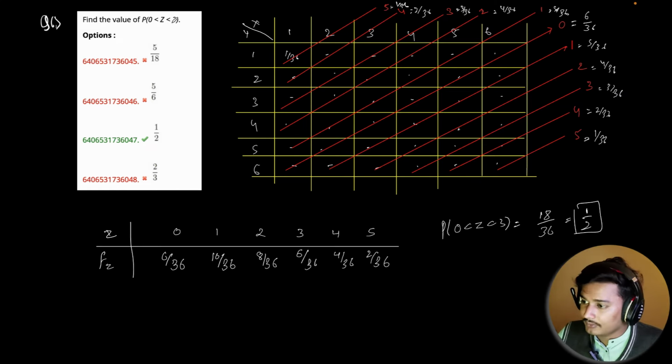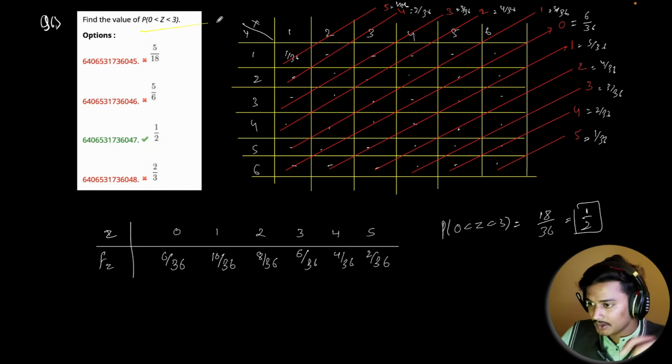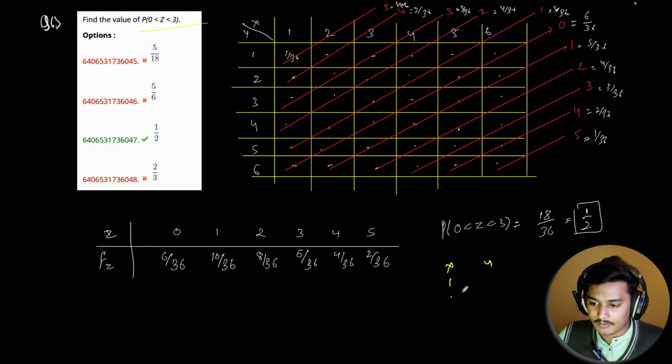We have to find P of Z between 0 and 3. For this we will be creating our table. Doing it as a straight table with X and Y, taking 1, 2 and 1, 3, would be more hectic.